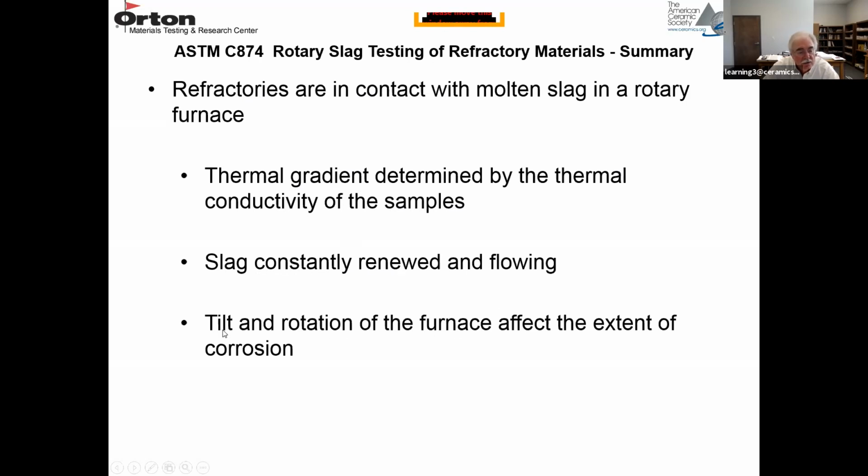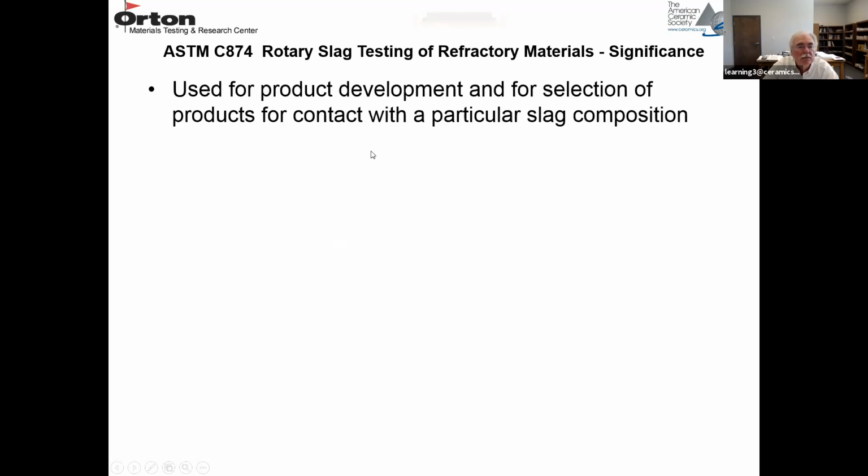The furnace is tilted, so it flows from the high end to the low end, and then it's simultaneously rotated to increase the amount of corrosion. This can be used for product development. It can be used to select a particular refractory for a particular application where you have a known slag composition.